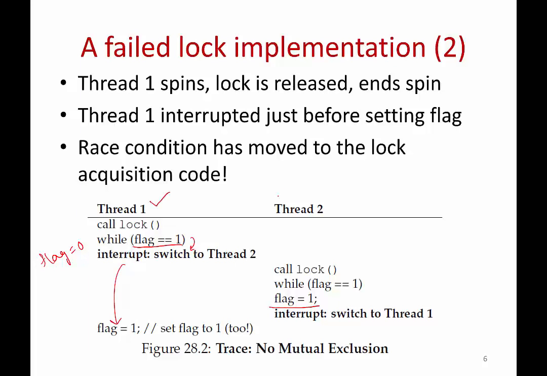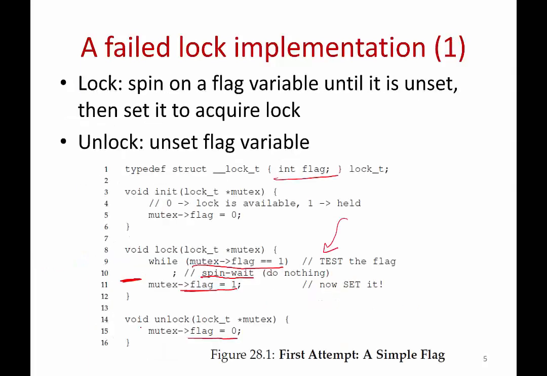Both thread 1 and thread 2 have set the flag to 1, and both of them have acquired the lock, and both will enter the critical section. Therefore you have no mutual exclusion. Why has this happened? Your race condition has now moved to the lock acquisition part. You would have ideally wanted checking this flag as well as setting it, all of this to happen in one go, right?